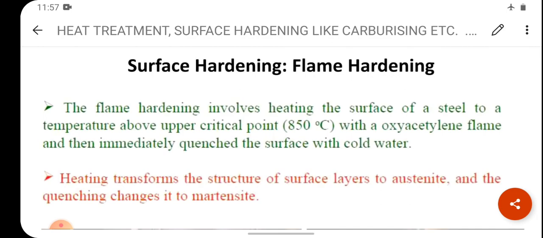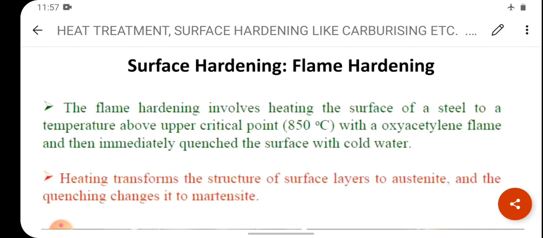That is 850 degree Celsius, with oxyacetylene flames, and then immediately quench the surface with cold water. This is the flame hardening process.